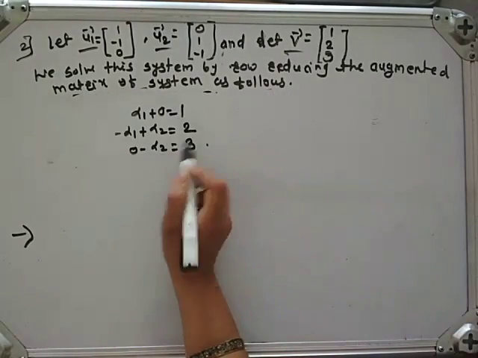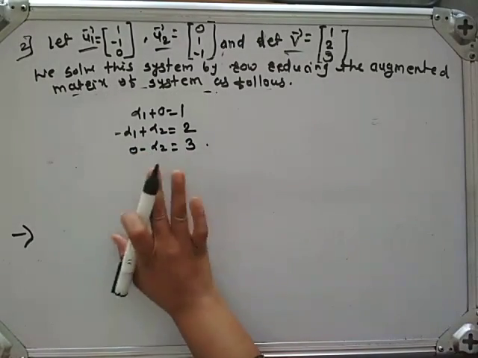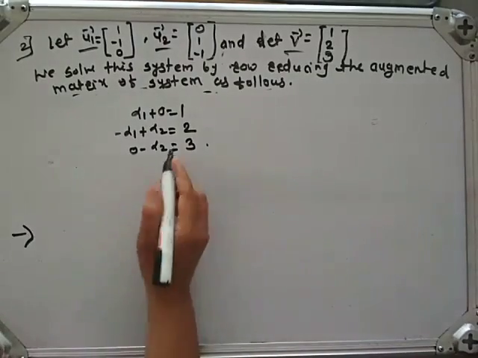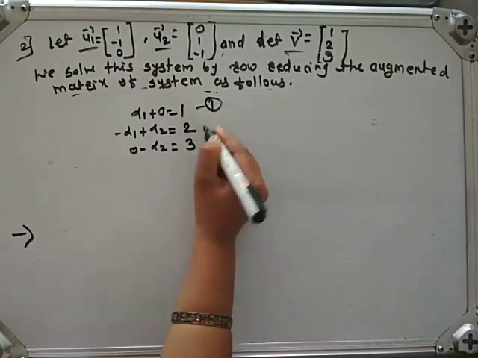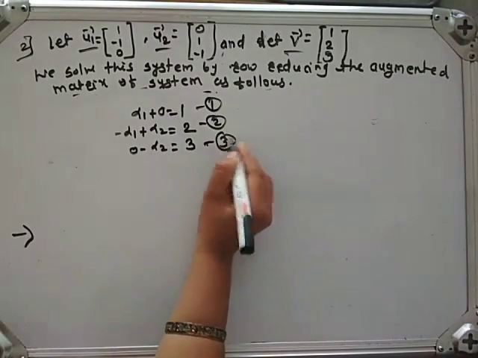An alternative solution for this system of linear equations: suppose these are equation 1, equation 2 and this is equation number 3.